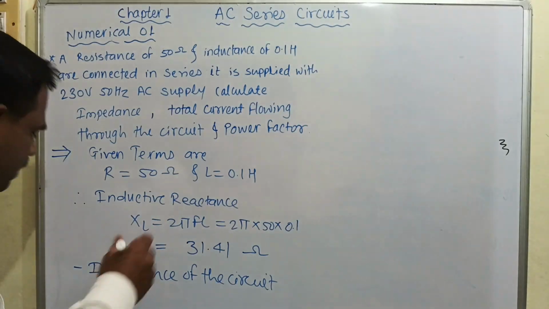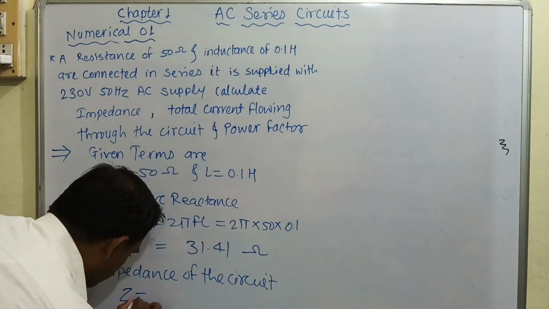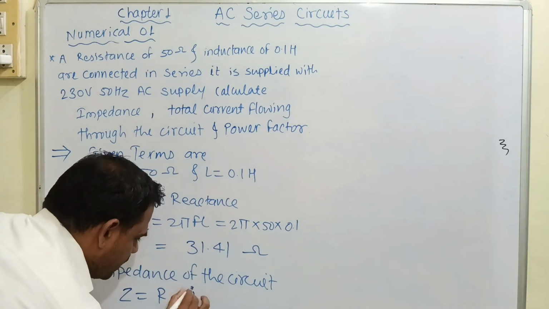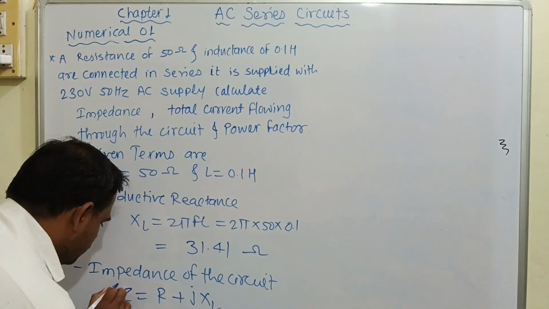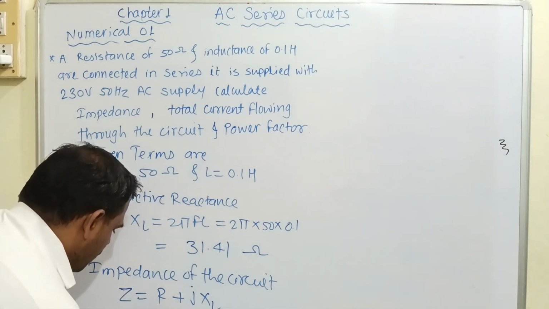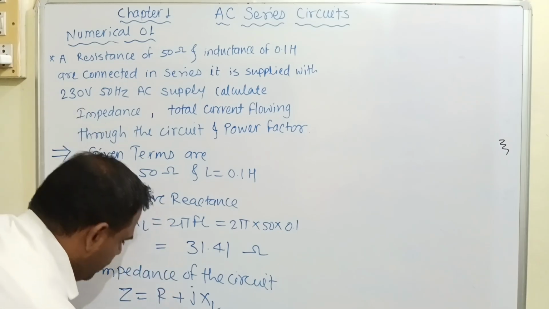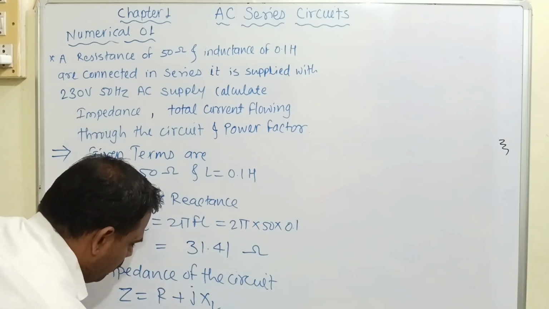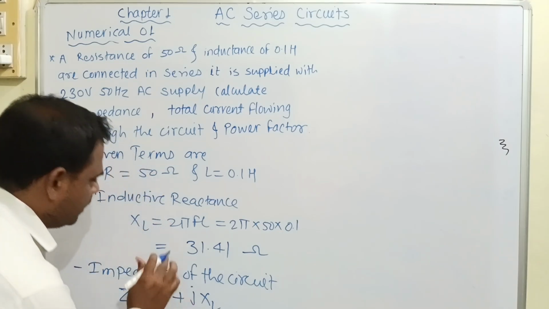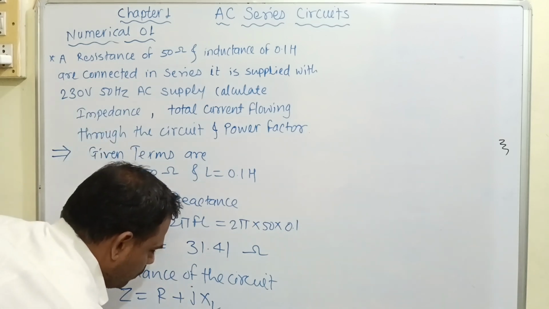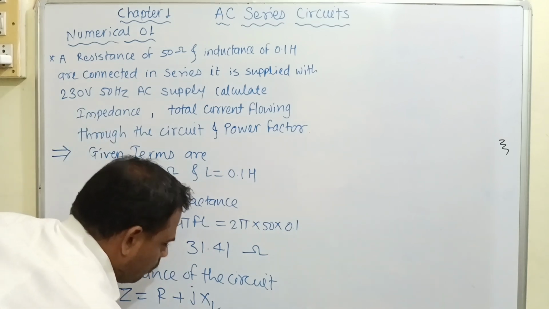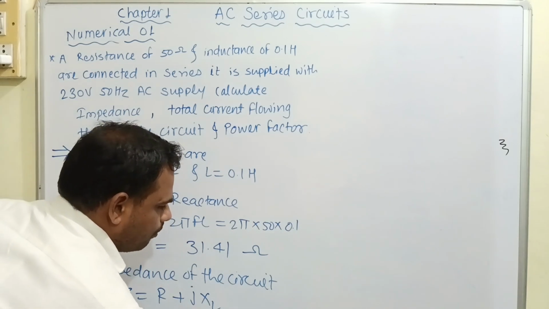So impedance can be written as Z is equal to R plus jXL, and by putting values, the value of R is 50 plus j 31.41 ohm. This is the rectangular form.